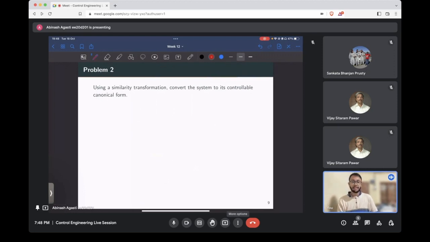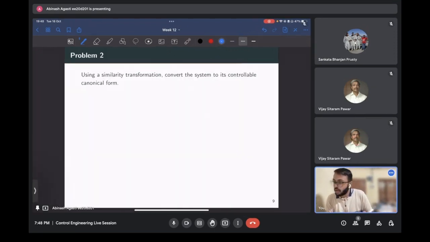Then, using a similarity transformation, convert this system to its controllable canonical form. Such a similarity transformation is given by z equal to Tx. So here we'll have z dot equal to T A T inverse z plus T B u. This is the new system, with A tilde and B tilde.